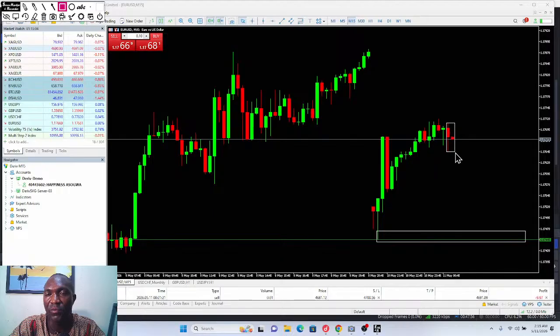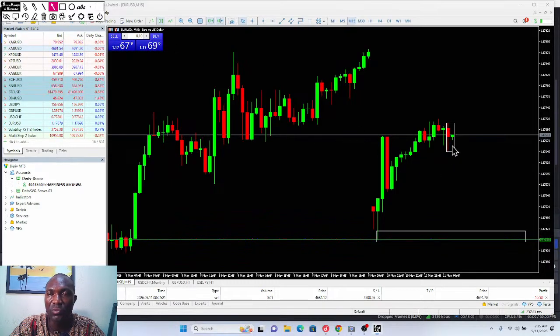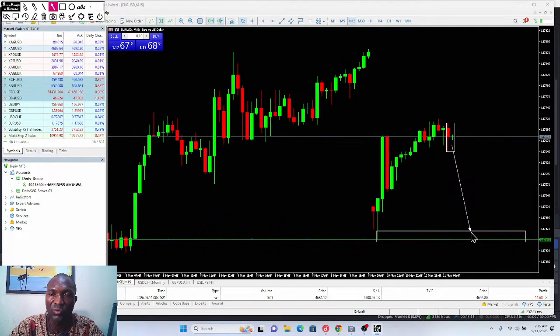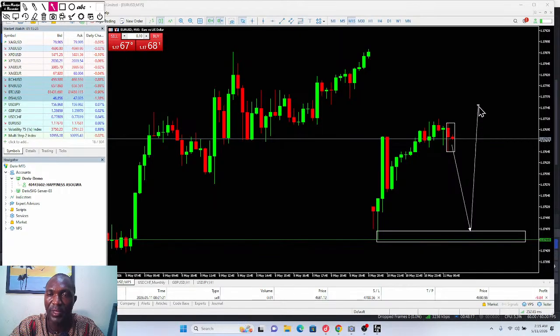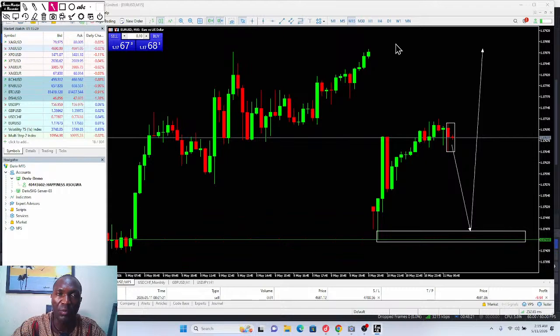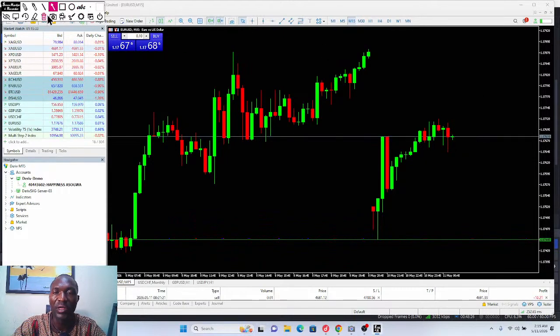You only buy when it is green. Let's assume the candle comes close to this place and it's still red. You don't buy. You only buy when it is green. Then you buy, hoping for it to go up. So that's one condition that you need to observe.